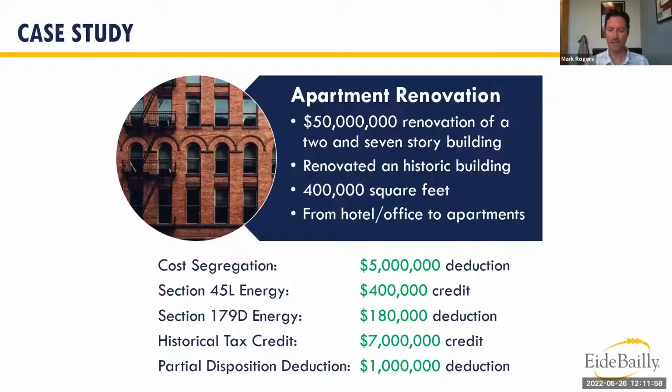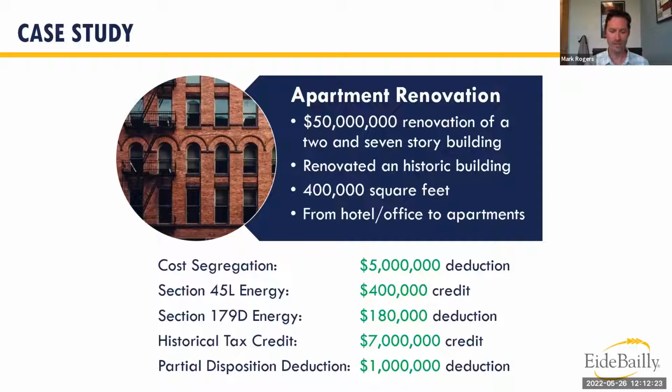And what they did was, the 7-story hotel and the 2-story office were all converted to apartments. So this is kind of a unicorn where everything kind of comes together, but it's a good case study nonetheless. Cost segregation, a $5 million deduction, 45L energy, got a credit there of $400K, 179D on the hotel portion, $180,000 deduction.